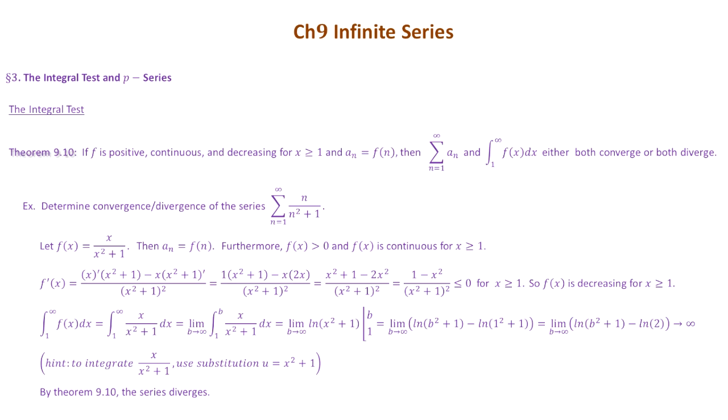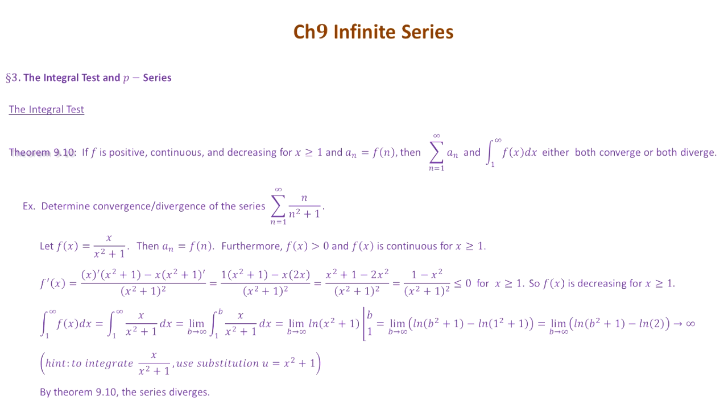You just change n in the terms of the series into x. So a sub n is n over n squared plus 1, and changing n to x everywhere, we get f of x equals x over x squared plus 1. That's the function we deal with. Obviously a sub n equals f of n, because that's how we defined f of x.